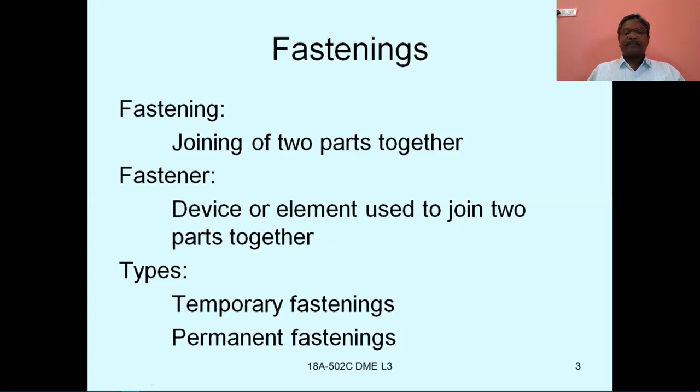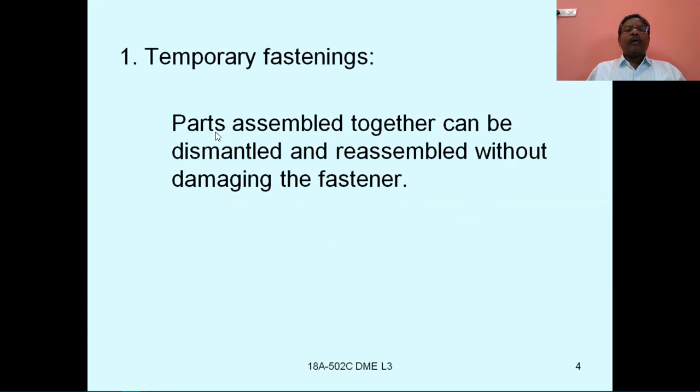This is called a fastener. And what are the types of fastenings or fasteners? There are two types. Number one is temporary fastenings. Number two is permanent fastenings. Temporary fastenings are those where parts assembled together can be dismantled and reassembled without damaging the fastener.